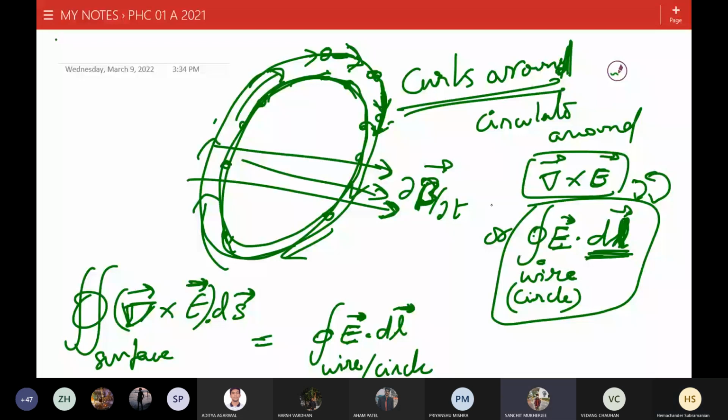Sir, what is the significance of the LHS expression? Significance of what? This one, the curl? Yes, this one. The significance is, see, if there is no changing magnetic field inside the wire loop, what is the curl? How would there be an electric field going around the circle?